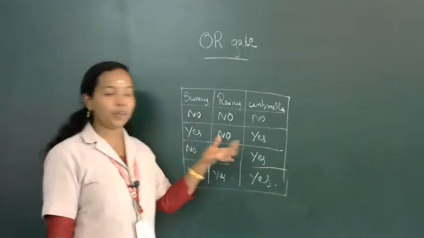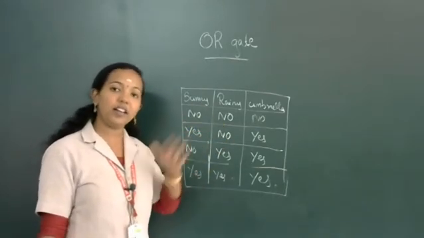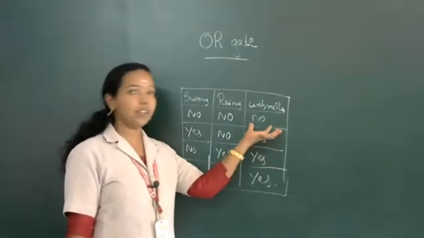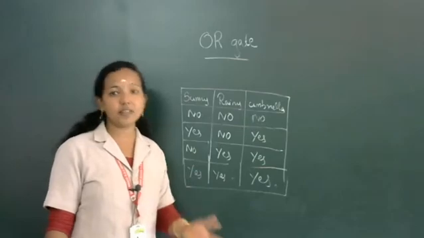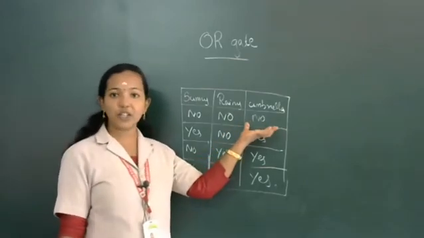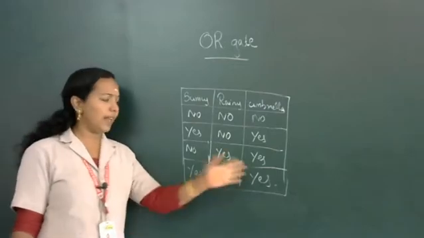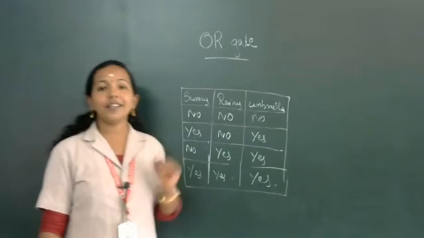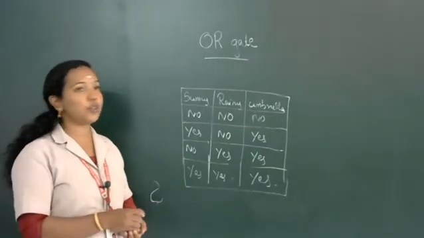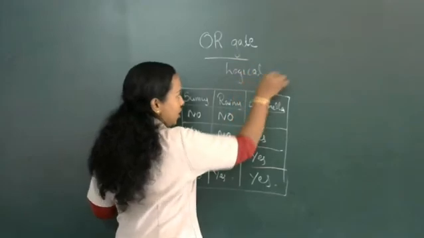If both conditions are false, then the output is false, and if any one of the conditions is true, then the output is also true. So the OR gate is a logical gate used for performing logical addition.